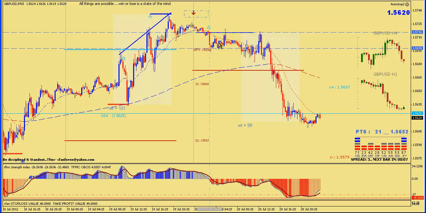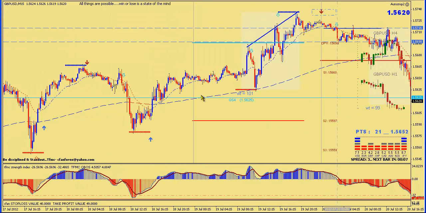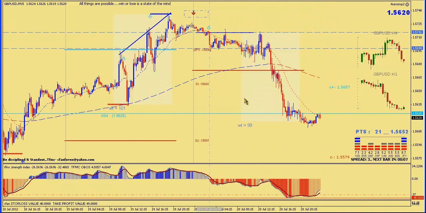Let me explain the arrows. We have this arrow that says enter trigger. I have this arrow that says exit. If you notice, I call it watch the candle extremes, meaning that your current trade is at risk.